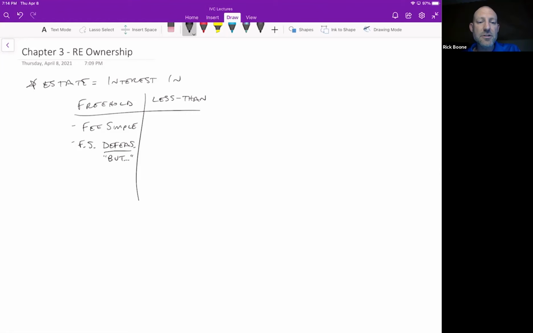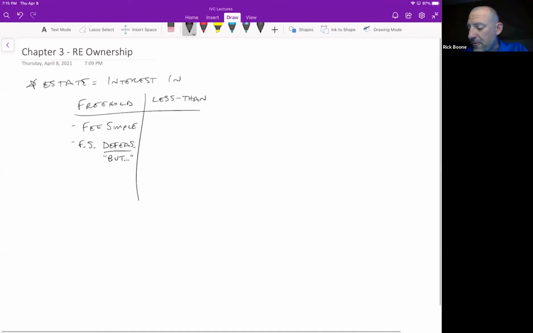You have to live in it yourself. You own this property, but you have to maintain it properly and make sure that it's always painted. There's no rust coming through the paint from any metal work. Stucco's not chipping off, that sort of thing. So this idea of the fee simple defeasible sets up this level of rules with real estate that you have to follow in the ownership of that property.